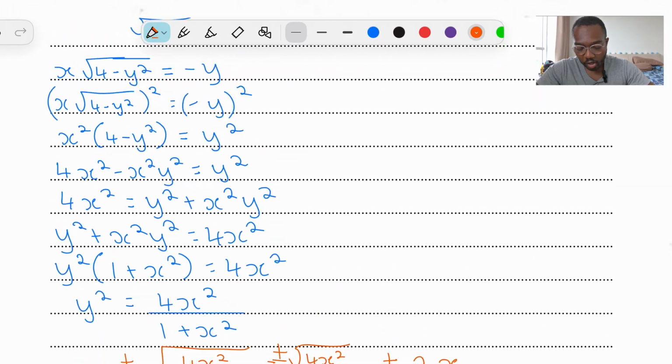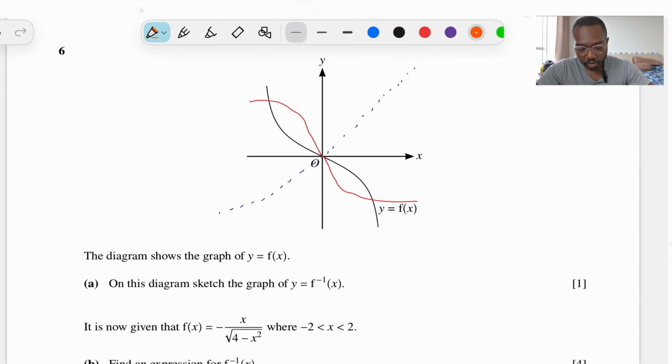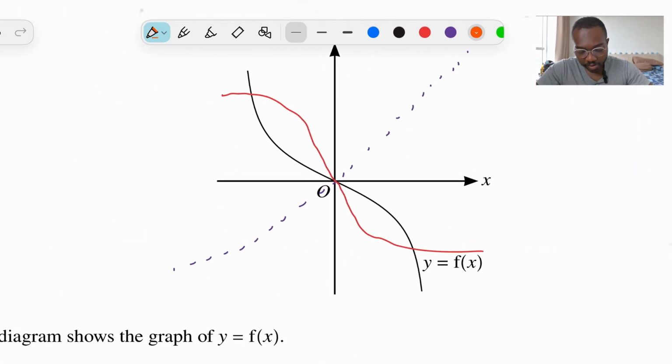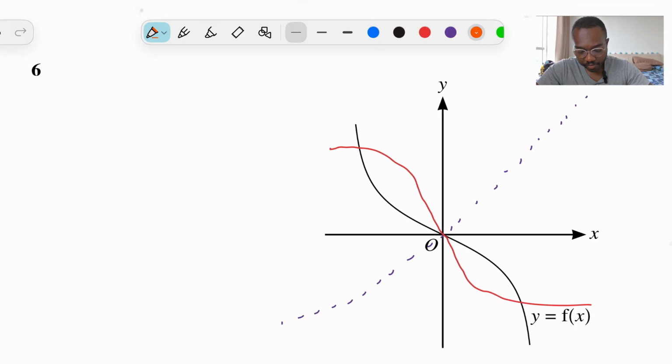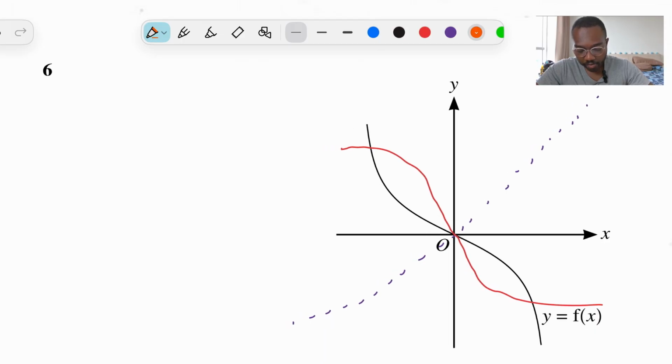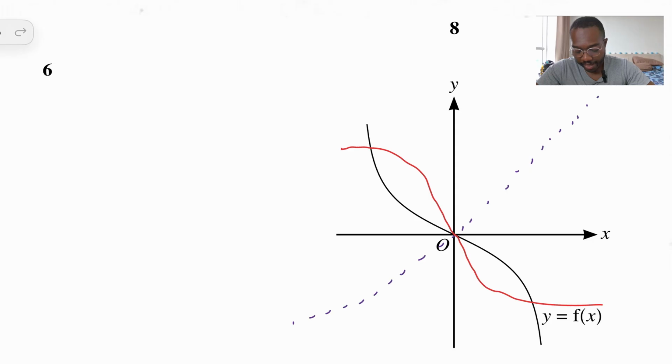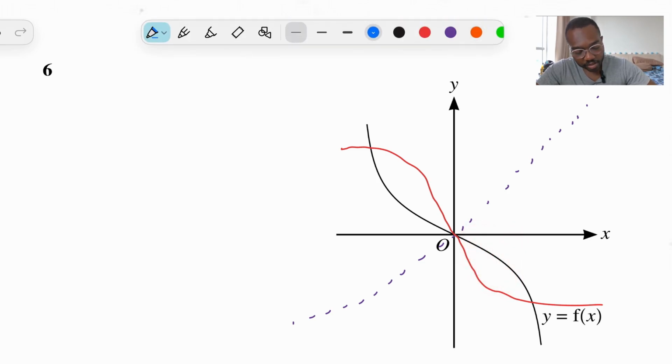So what I would do is go back to your graph. As we can see in our graph here, if you look at the values of when x is positive, what do we get for y? Well, when x is positive, y is negative.